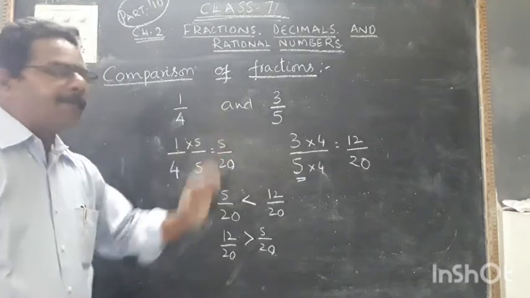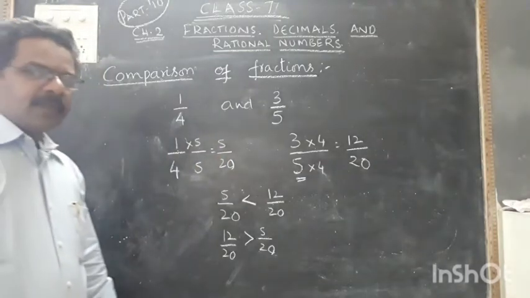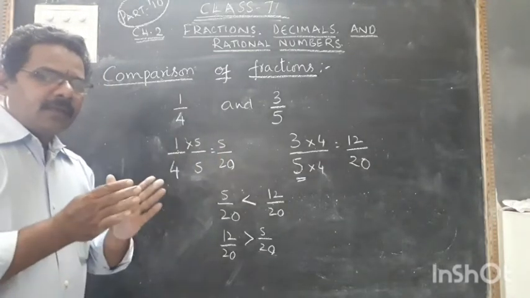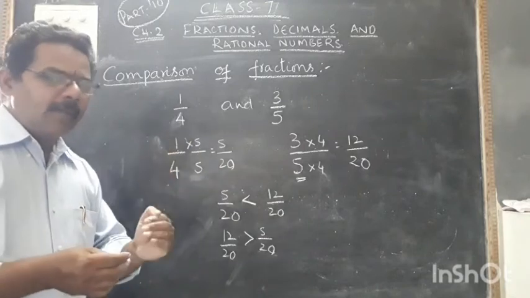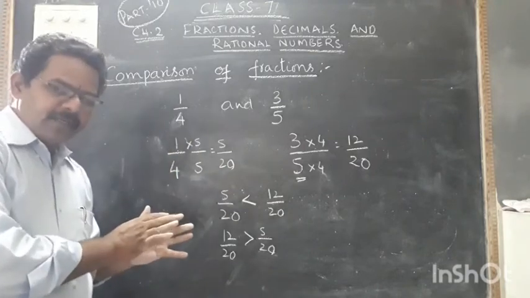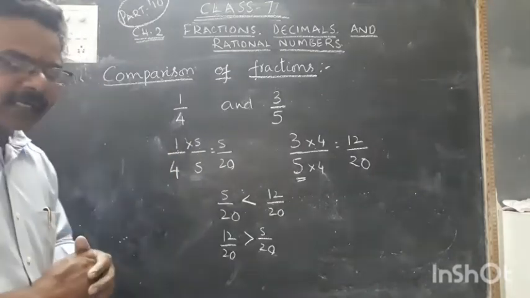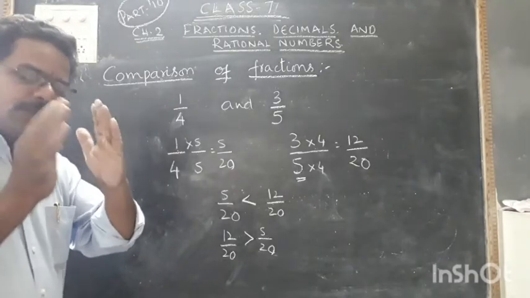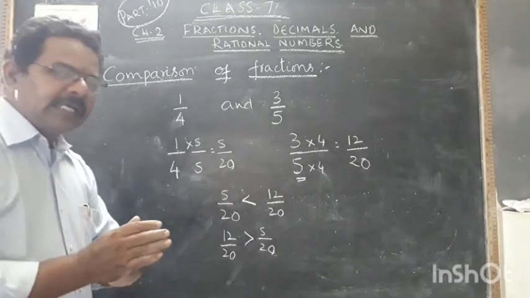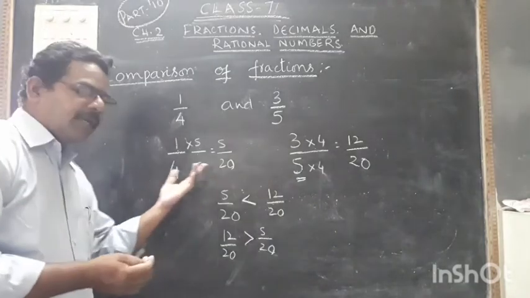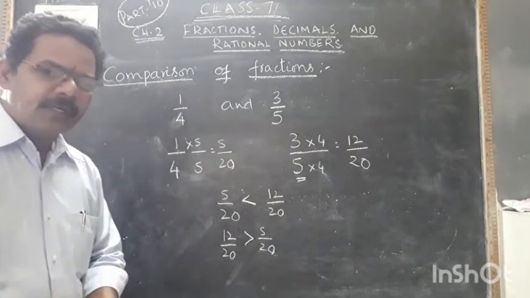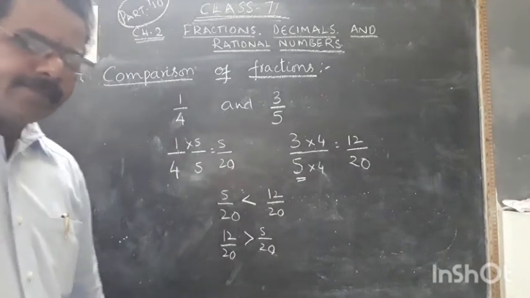Like this we can compare the fractions. Okay, by multiplying the numerator and denominator of the first fraction with the second fraction's denominator, and the numerator and denominator of the second fraction with the denominator of the first fraction. Understand? Okay?